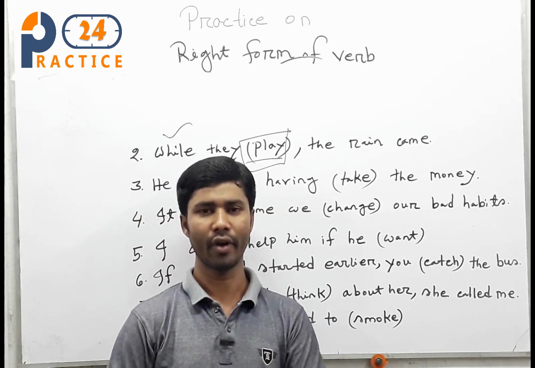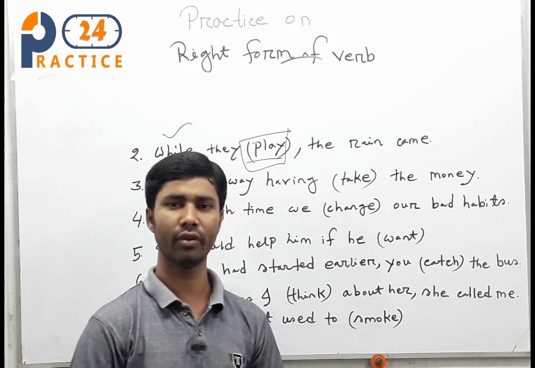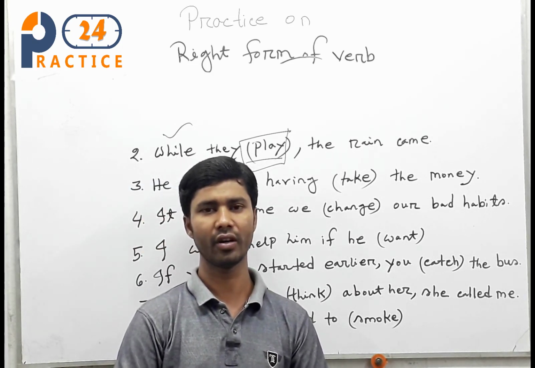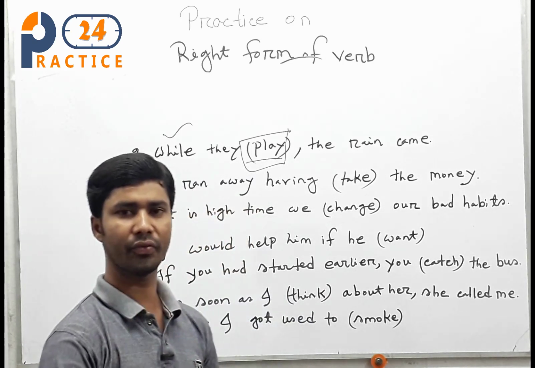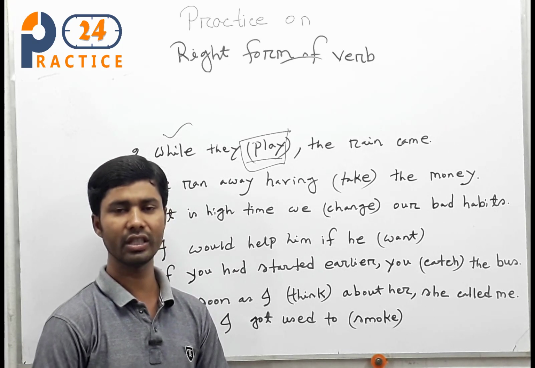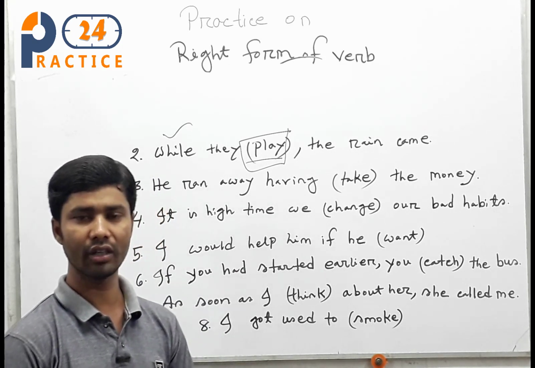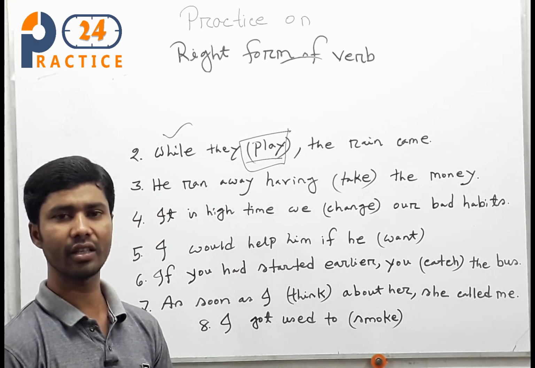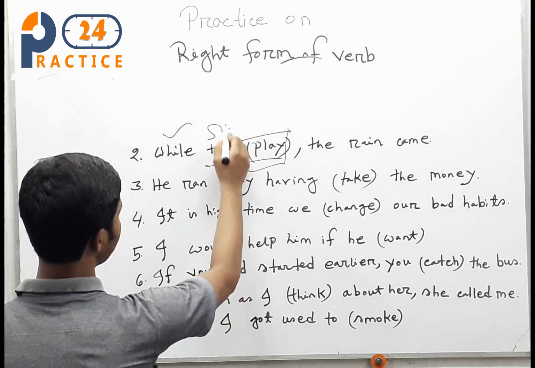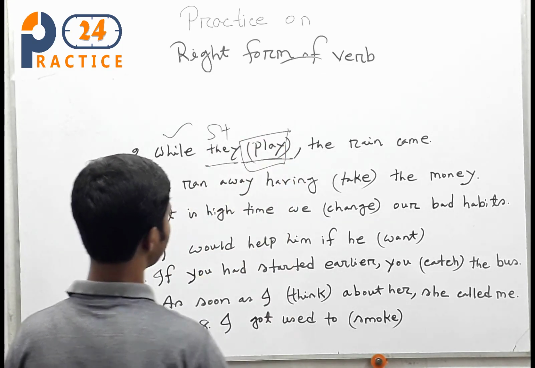I mean while study, you have to write while studying. And if you find while plus subject plus verb, then your answer must follow past continuous tense. What is the structure of past continuous tense? Was or were will be your auxiliary verb and your principal verb in ing form. So while they, here is a subject and the verb is in past continuous.